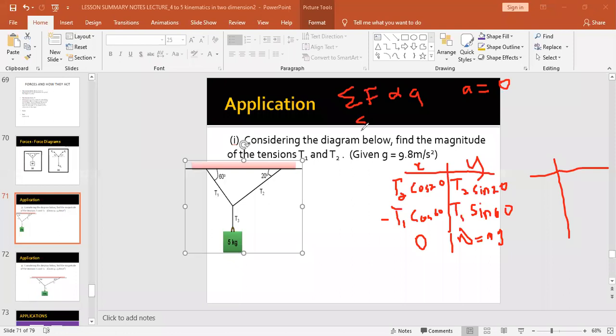So in other words, the net force on the system will be equal to 0. So then we can write two equations. The net force in the x direction will be equal to 0, and the net force in the y direction will also be equal to 0.